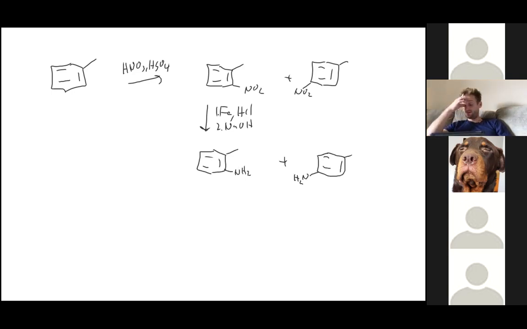And eventually when we get to synthesis, this will be important. Right now, at this top phase, you'd have a group three and a group five in solution.